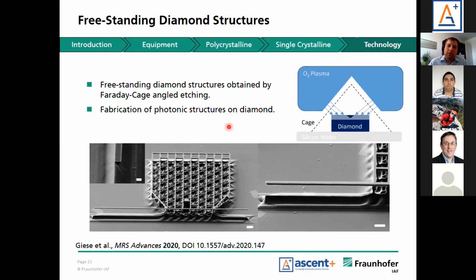So this allows you to produce photonic structures, like, for example, such waveguide structures that are completely freestanding. Here, even this whole structure can be taken off the initial substrate. And what we've done is we attached it to a tuning fork to do AFM measurements with it. And another step then would be also to integrate nitrogen vacancy centers in such structures.